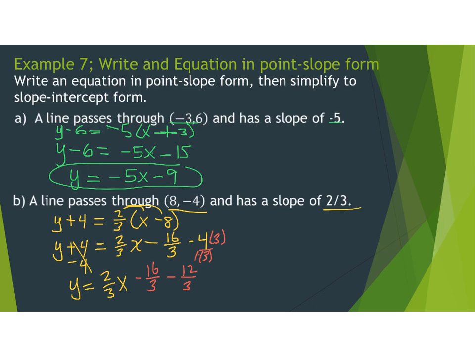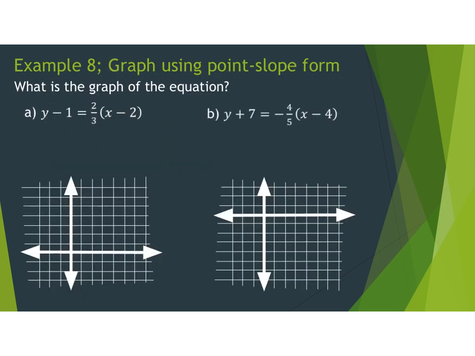Then I finish it out: y equals 2/3 x, negative 16 minus 12 is negative 28 over 3. That's after you found your common denominator of 3. That's your final answer.